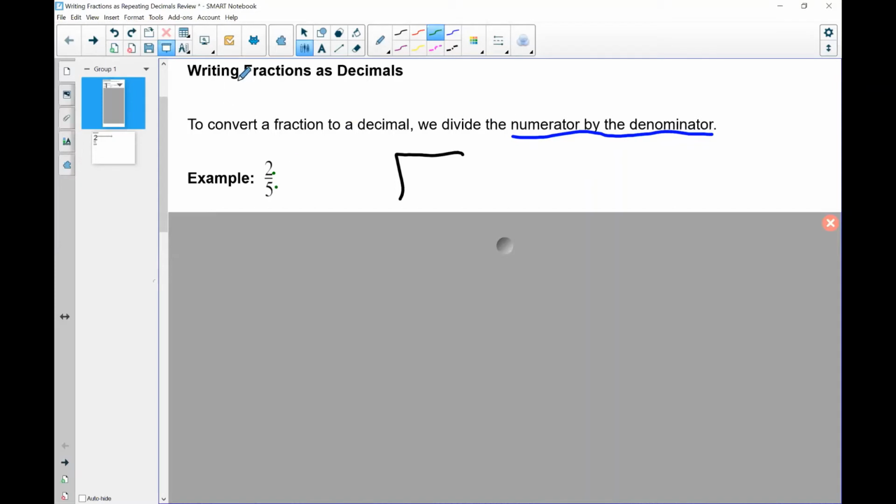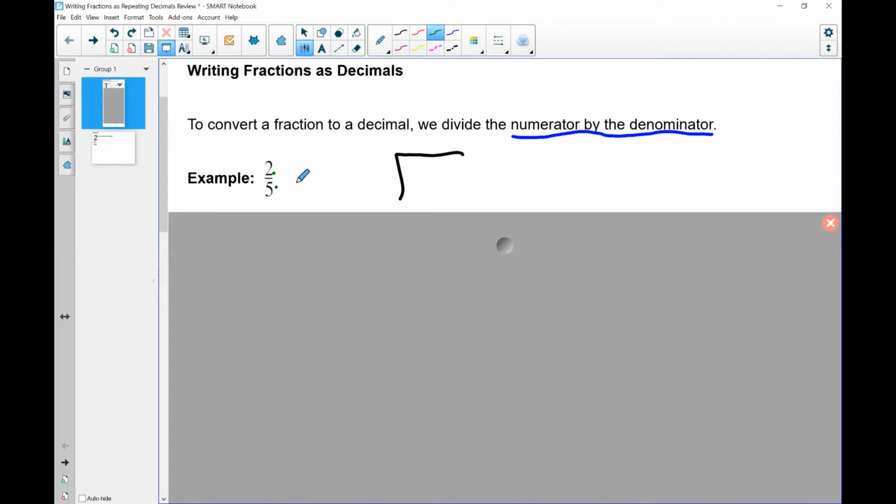Students, some of you get mixed up about where to put the 2 and where to put the 5. Well, if you come back over here, it says to convert a fraction to a decimal, we must divide the numerator by the denominator. So what's our numerator here? It's 2, not your 5.